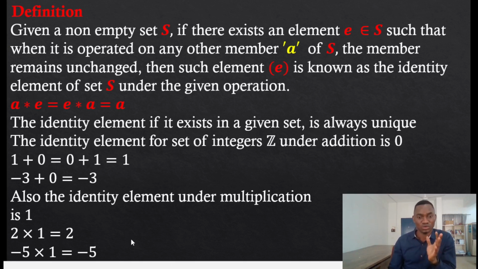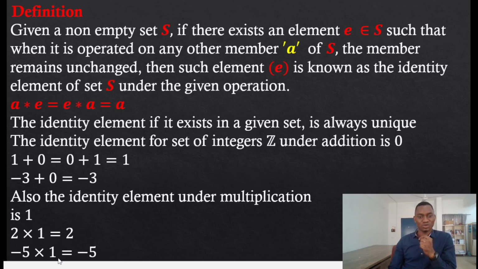It is also very true. So 1 is the identity element of the set of integers, real numbers, natural numbers, rational numbers under multiplication operation. Emphasis again on multiplication. So 2 times 1 is equal to 2.